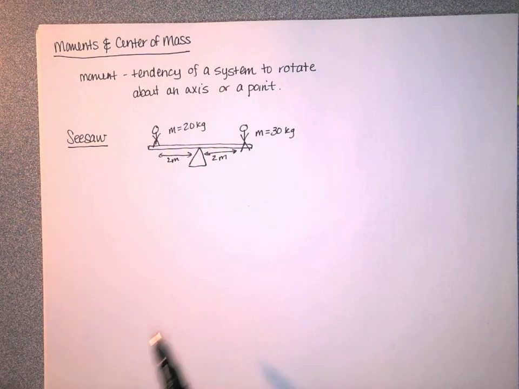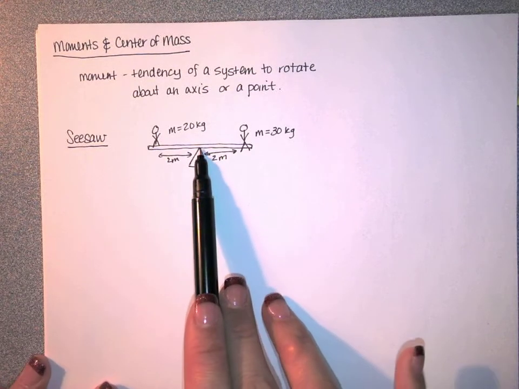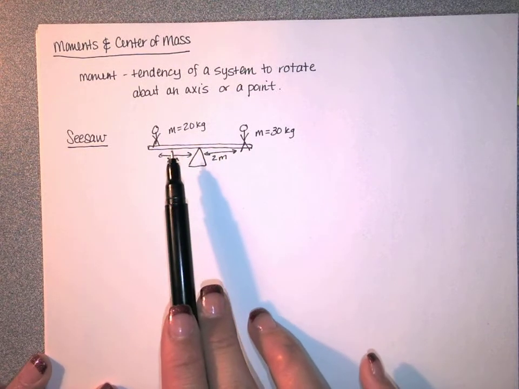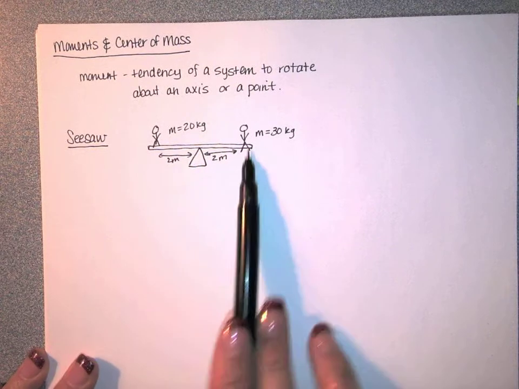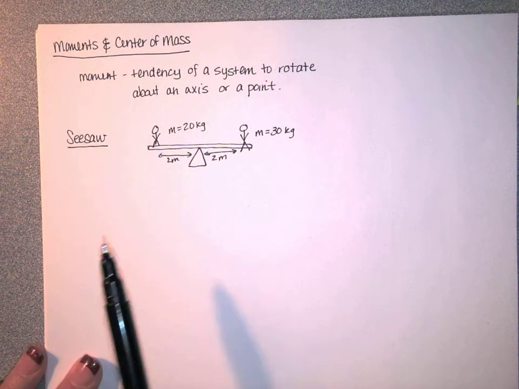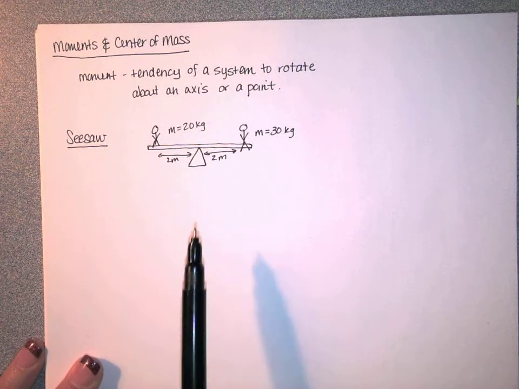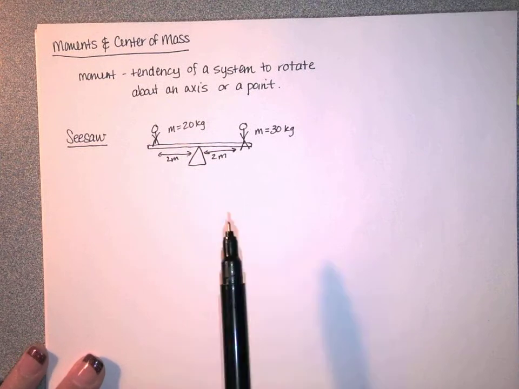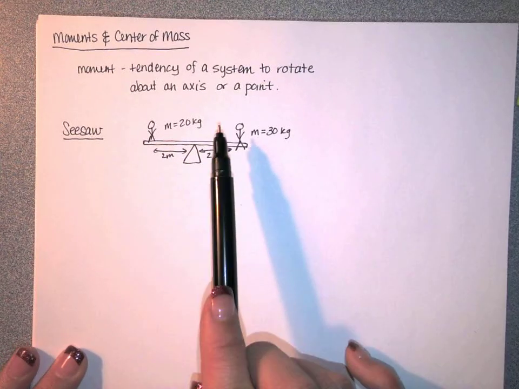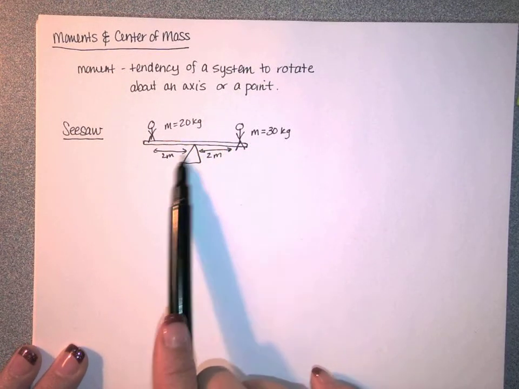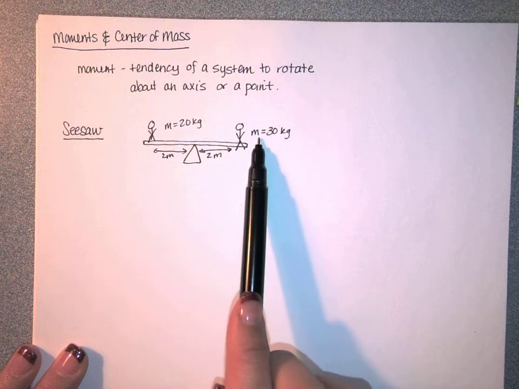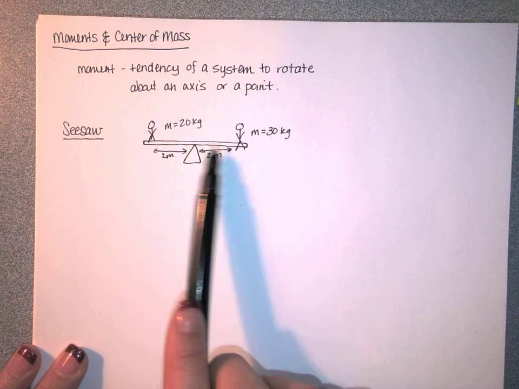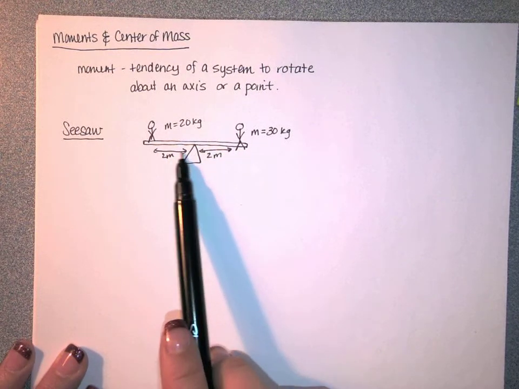The question is, if this is my balance point, and these moments aren't exactly the same, this whole system is going to have a tendency to rotate. So we're going to have a non-zero moment here. Now I just want to ask you, intuitively, if I've got a 20 kilogram kid over here 2 meters away, and a 30 kilogram kid over here 2 meters away, what is the tendency of this thing to rotate?